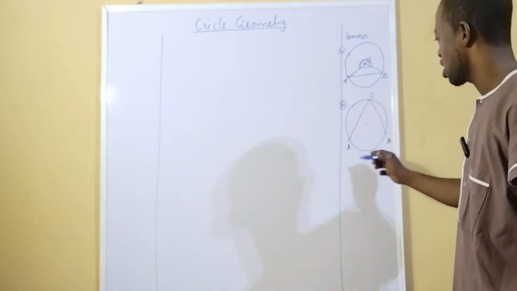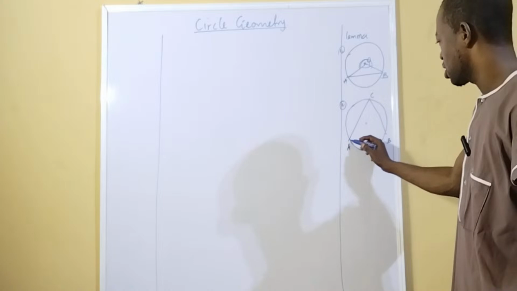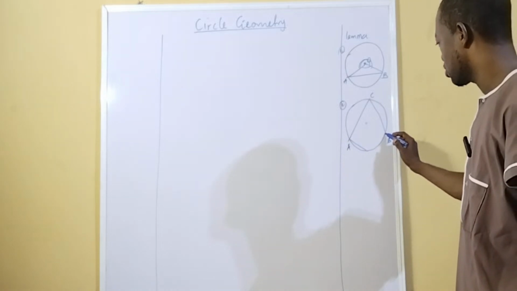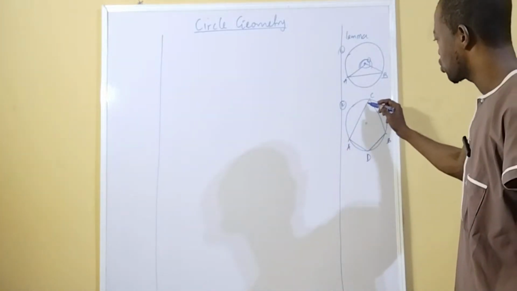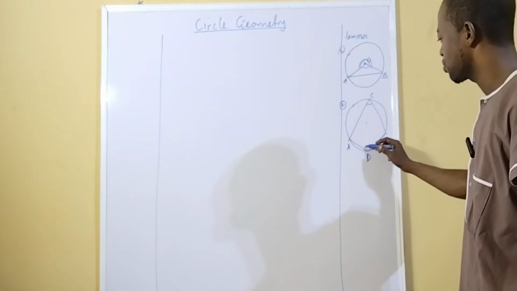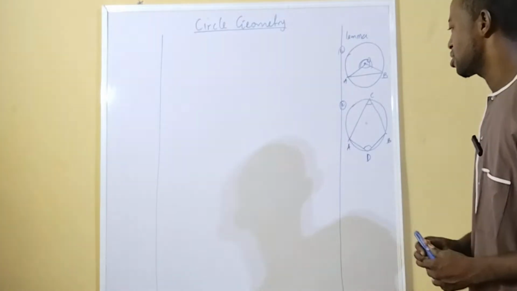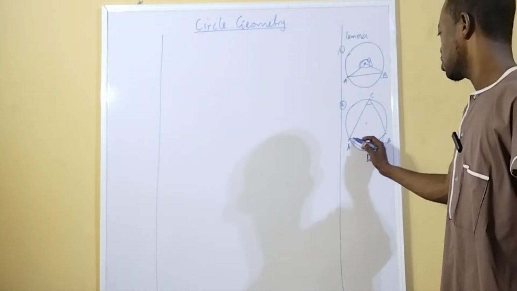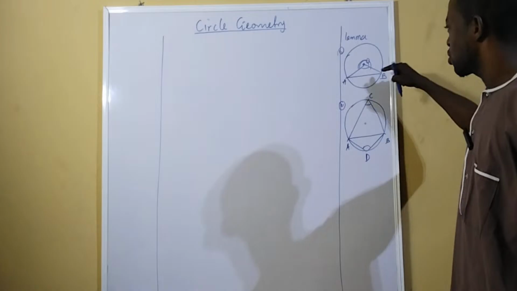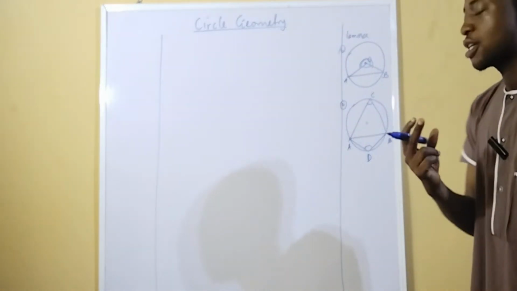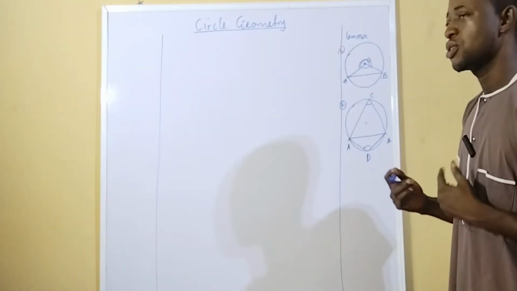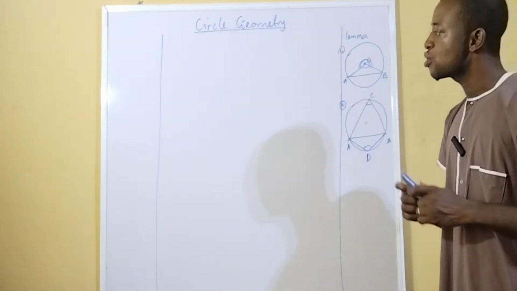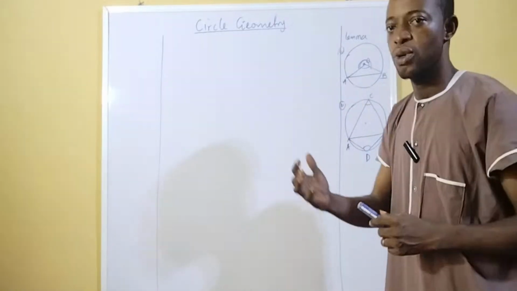If this is C, it can also subtend an angle at the other side here, this is B, this is D. So we have two angles at the circumference as well. A chord can subtend two angles at the center of a circle, and also two angles at the circumference of a circle. And then we draw the theorem from that.